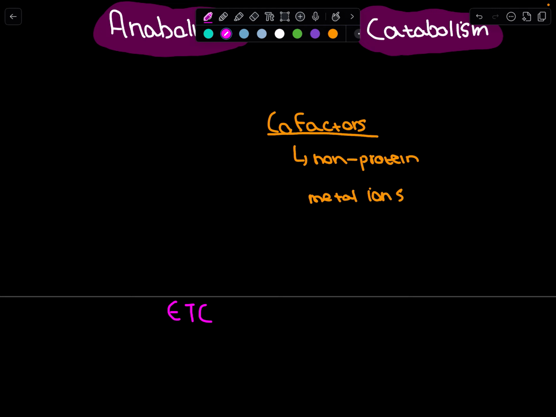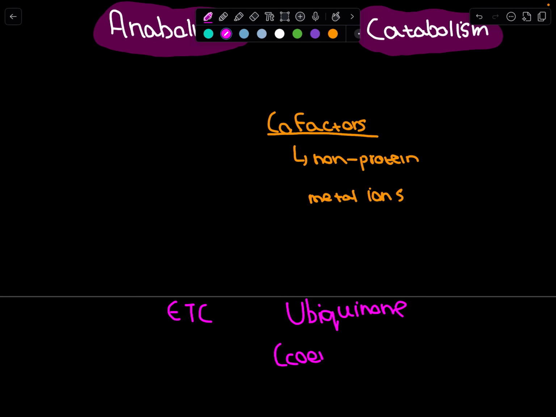As electrons move through the complexes, they trigger reactions that pump protons, H+, from the mitochondrial matrix to the intermembrane space, creating a proton gradient. This gradient powers ATP synthase, a separate protein, to make ATP in a process called oxidative phosphorylation.